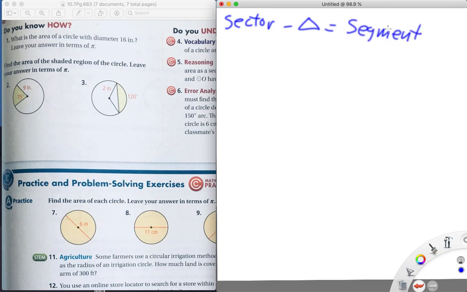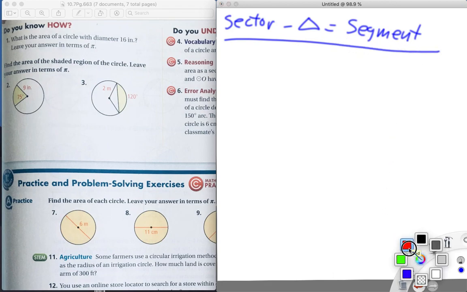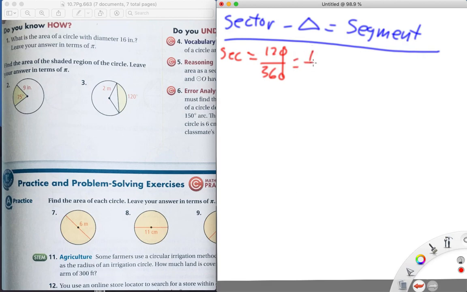So first things first, the sector. Sector is 120 over 360, which is 12 over 36, which is 1/3, times pi r squared.